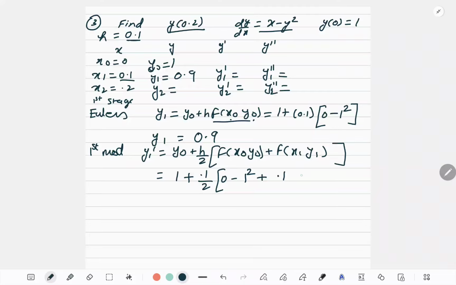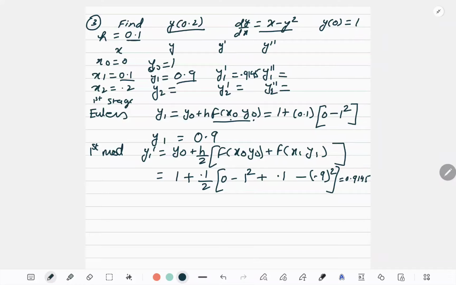So 0.1 minus y1. What is y1? 0.9. So 0.9 square. Correct? So now when you substitute this value here, so how much you will get here? You are modifying the result, right? So your modified result will be 0.9145. So this value you substitute here, 0.9145. I have left very less space, no issues.